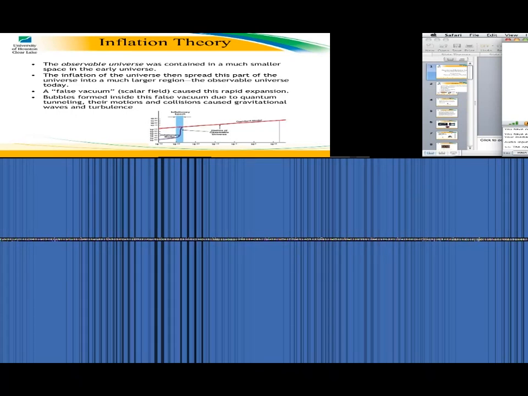Which field are you talking about? No, this is a scalar field. Well, nobody knows exactly what the scalar field is, but this is what's in the inflation theory. It could have been two fermion fields that were anti-aligned, or two spinor fields that were anti-aligned. It could be a lot of things, but then to make the theory work, you put in a scalar field.